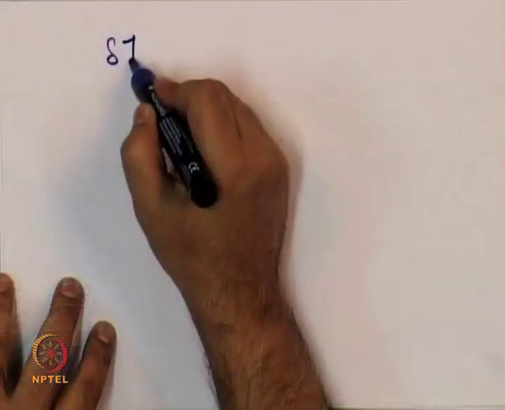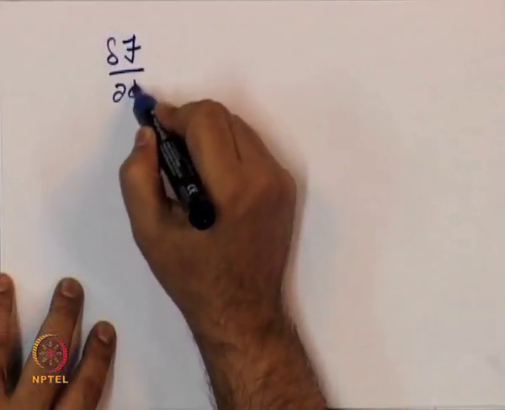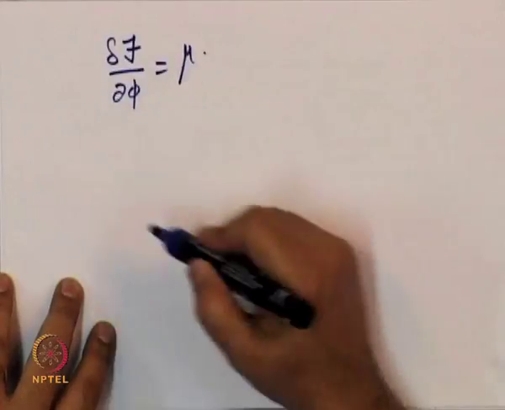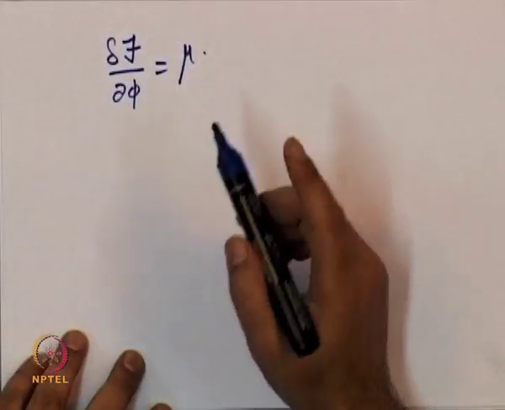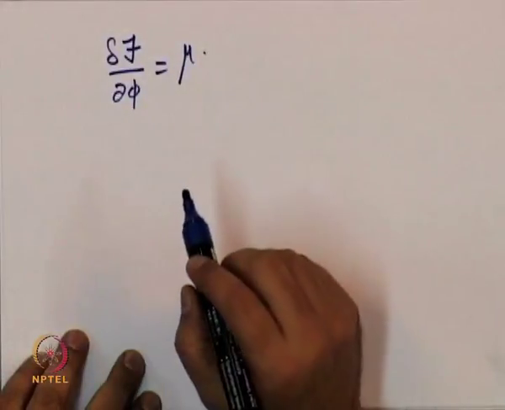So, I will get the chemical potential, mu. In the case of the Cahn-Hilliard equation, the flux is proportional to gradients in chemical potential, and there was mass conservation that was included, but here there is no conservation.